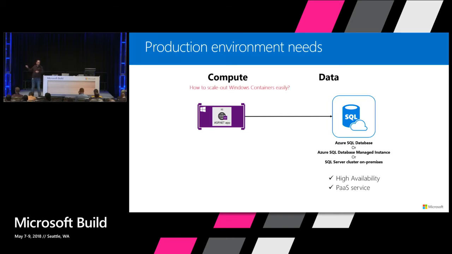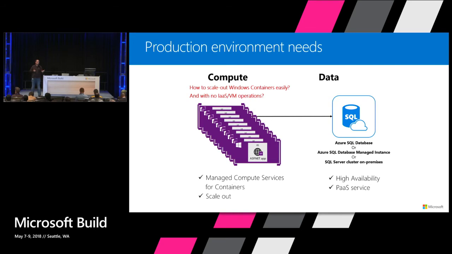And then about compute, you need to scale out. So something that you cannot do with ACI, you can do it with other services for containers in Azure. So we have managed compute services for containers that we're going to cover right now, where you can scale out, and for the same image, you can have multiple instances, and then those instances are going to be load balanced, and you can scale out, okay?